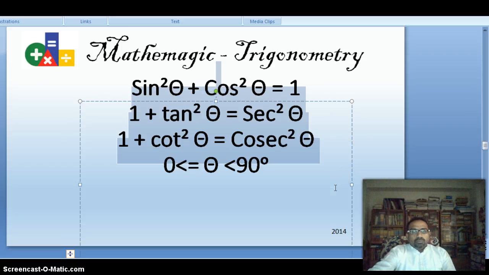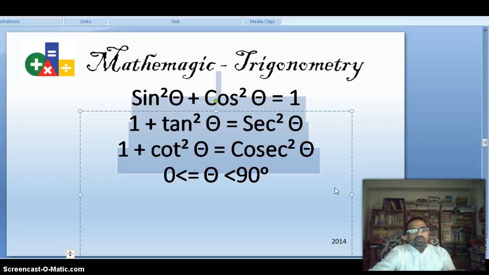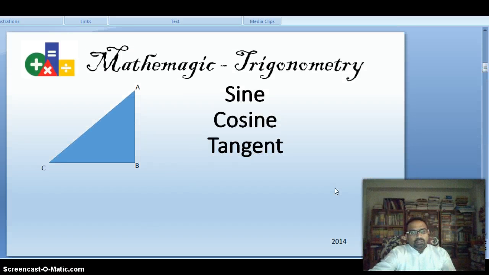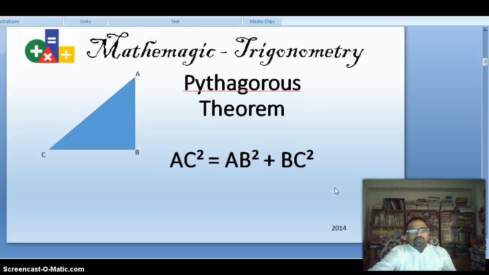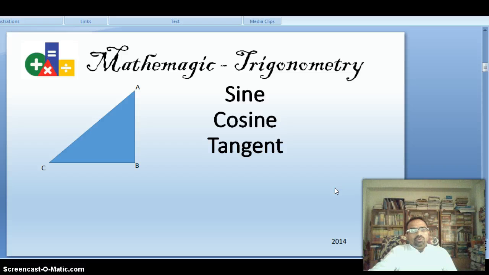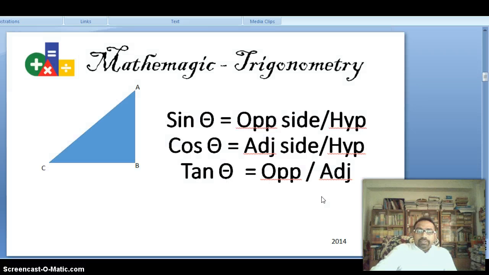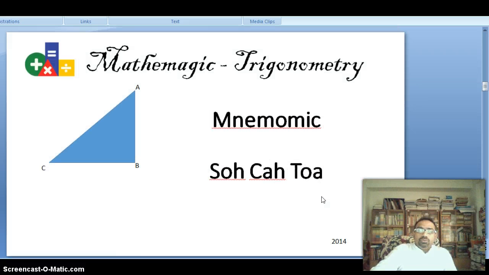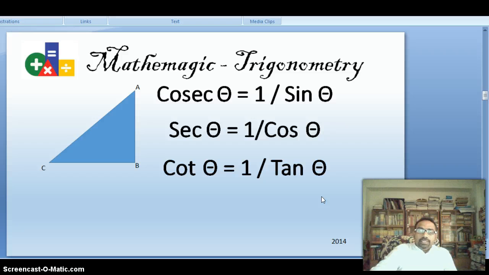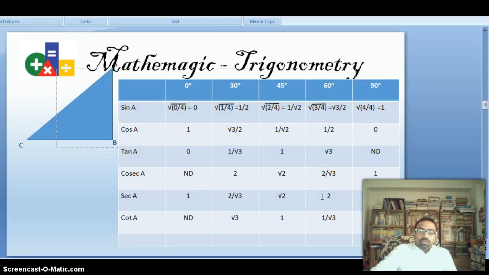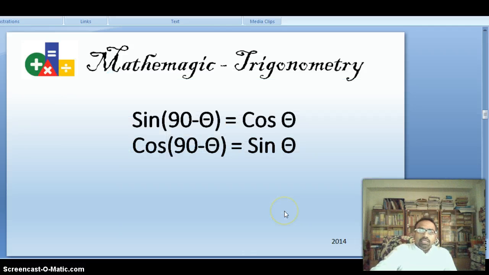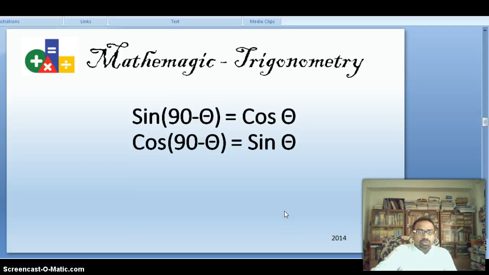So I think today what we did was we ran through the entire gamut of the basic formulas that are used in trigonometry. One is the Pythagoras theorem, and then we looked at the formulas for the sine, the cosine, the tangent, and then how they are related to the cosecant, secant, and cot, and then how you find the values of those angles from the start, and then the basic identities, sine 90 minus theta is equal to cos theta, and so on.